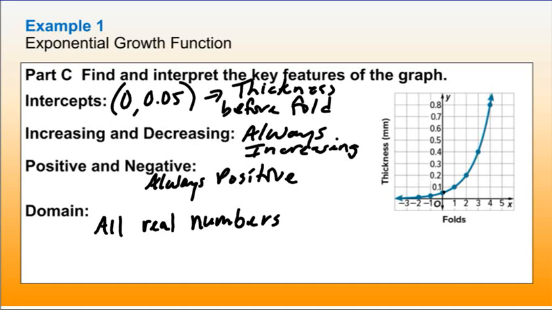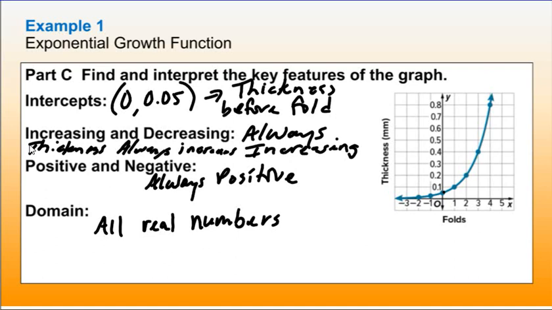Going back to the increasing and decreasing and positive and negative, why is it always increasing? Because the thickness always increases as you fold it. And then positive, why is it always positive?